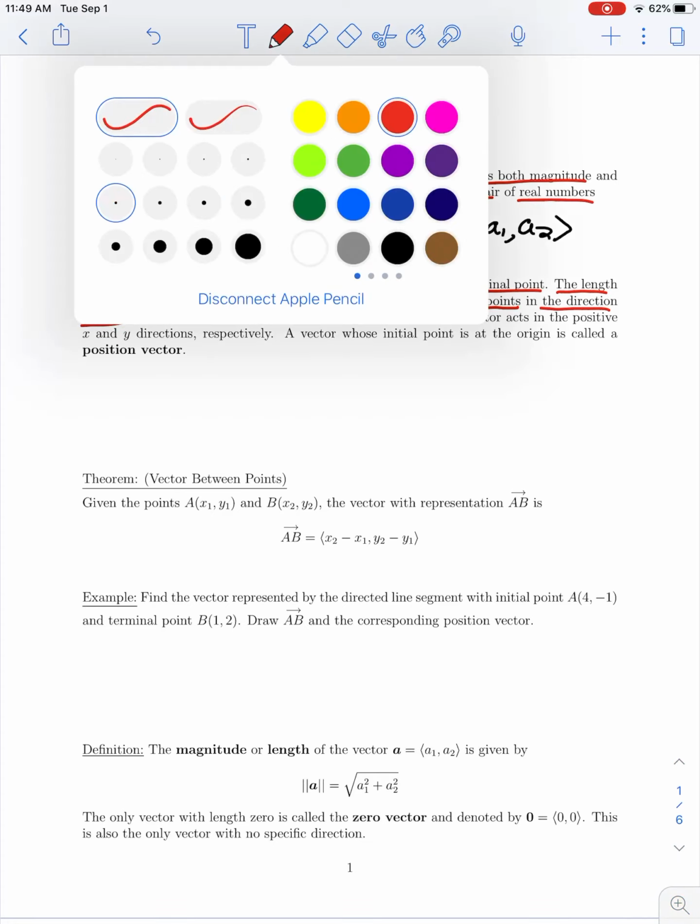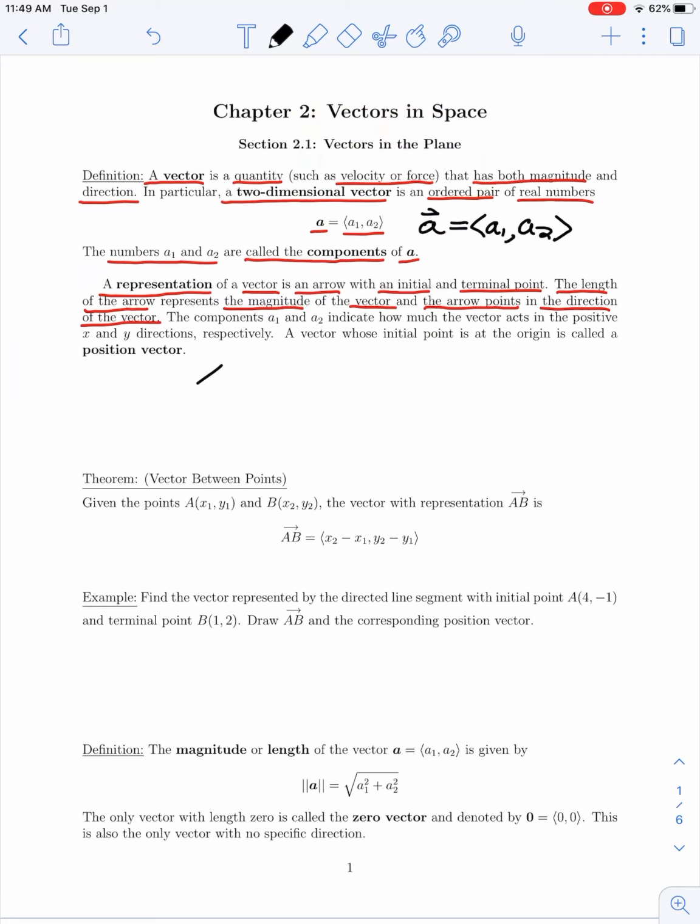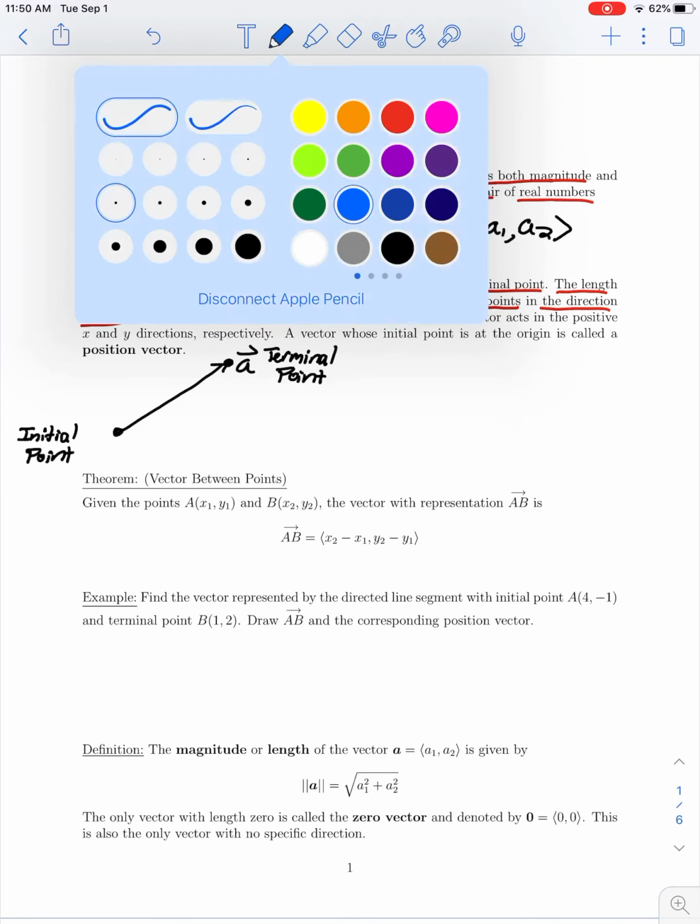So geometrically here, a vector, let's call it A, would be represented as an arrow that has some starting point, which we call an initial point, and a final point, which we call a terminal point. So what do the components of a vector represent?